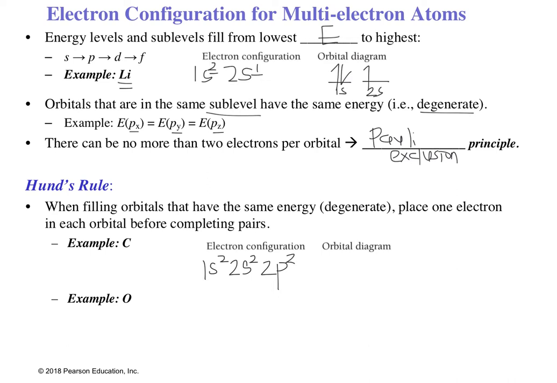So how we write the orbital diagram is, here's our 1s, here's our 2s, and here's our 2p orbitals. We'll fill our 1s up and down, so that's done. 2s2, done. Now for 2p, we're going to fill up and up. So that's what Hund's rule says, that we fill all the orbitals with the same energy first, and then we come back and fill in our pairs.